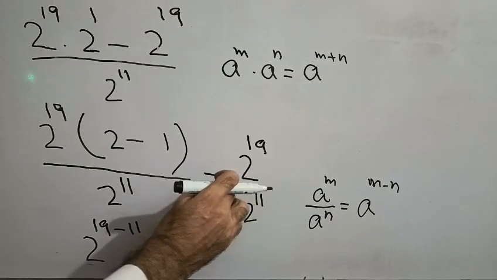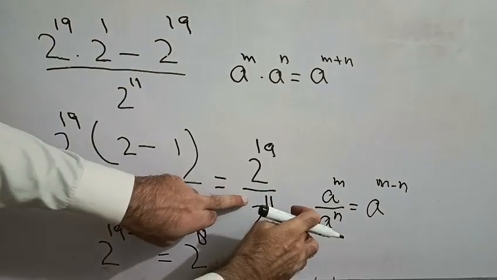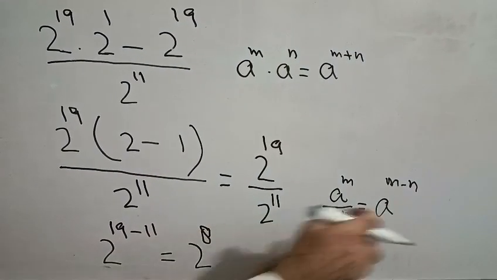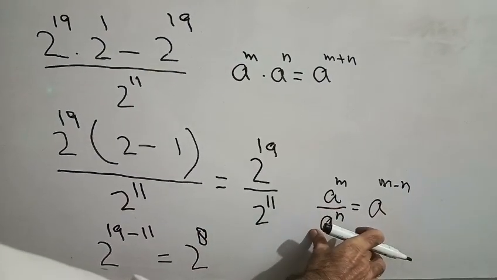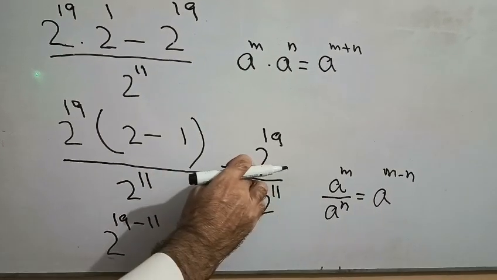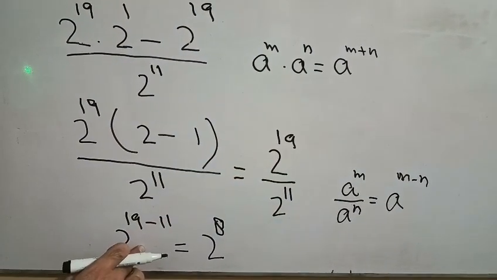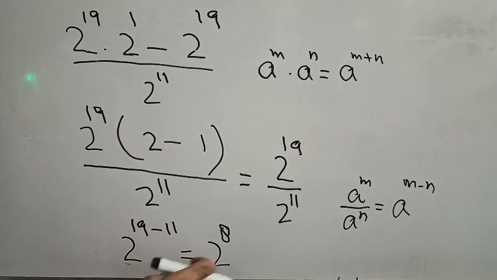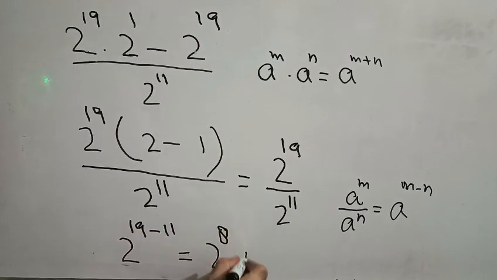So look over here, this is in the form of this and this is in the form of this, which are equal to one another. So therefore we write this question like this. So 19 minus 11 is equal to 2 raised to the power 8, which is your answer.